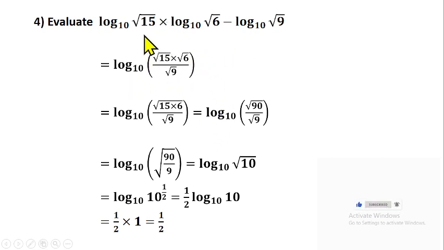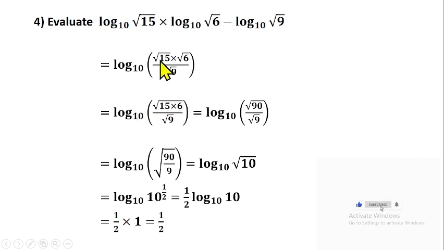Since they have the same base, you have log of, open the bracket, the addition changes to times, so you have root 15 times root 6, then minus changes to division, divided by root 9, base 10.